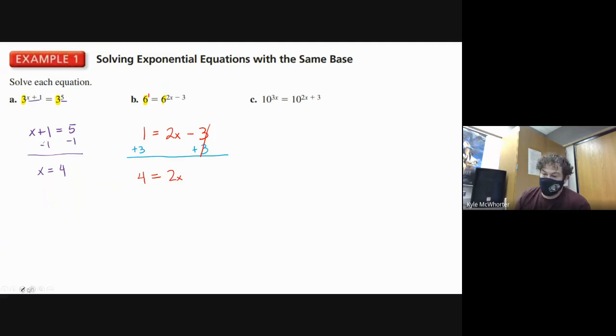Divide both sides by 2, because that'll get us x by itself. 2 divided by 2 is 1, so 1x on the right side, so that's just x. And then 4 divided by 2 is 2. So for this one, x equals 2. Right? And if you think about plugging a 2 in for x, 2 times 2 is 4. 4 minus 3 is 1. So they would have the same exponents.